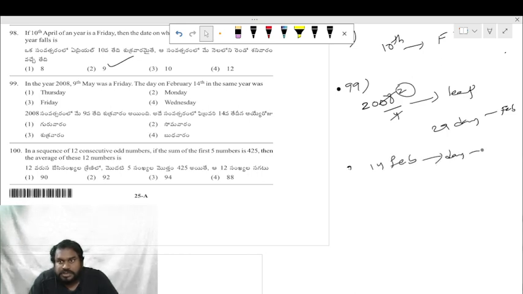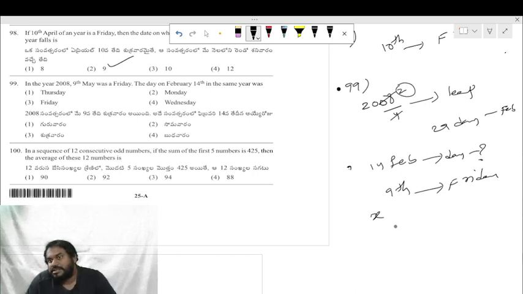But 9th May is given as Friday. We don't know 14th Feb, I'll take it as X. Actually there are 29 days in a leap year. So 29 minus 14, how much is it? 15. So 15 you have to take for February.